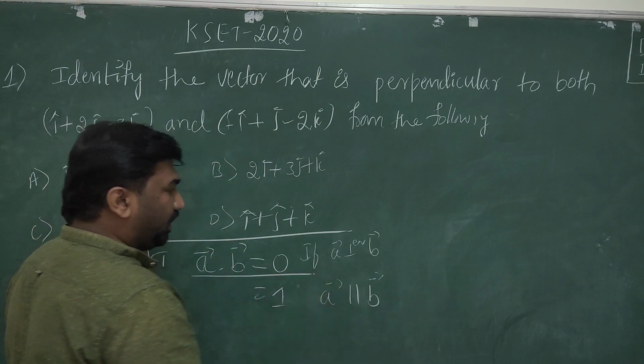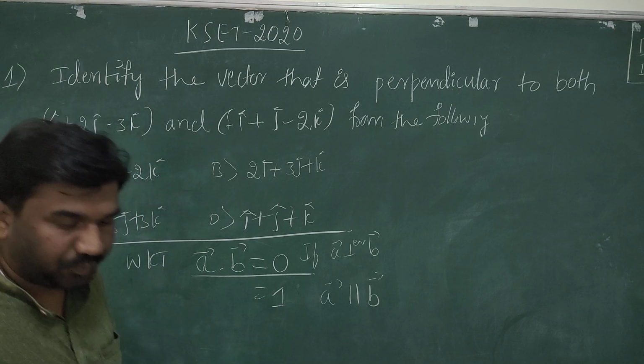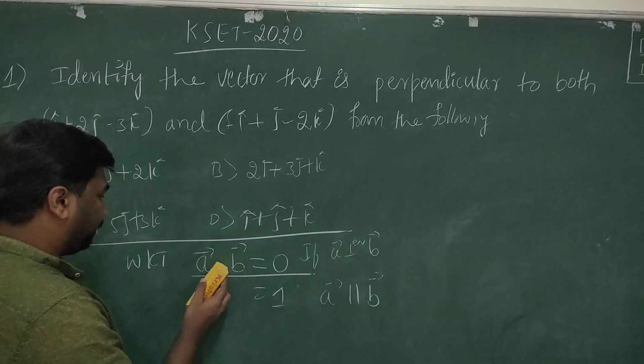So if A dot B is equal to 0, then it indicates that A is perpendicular to B. Okay, so let's see.